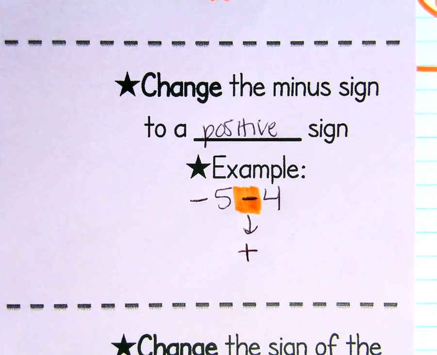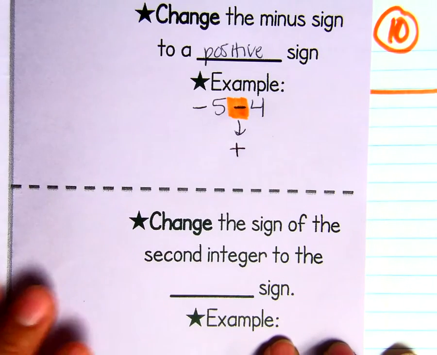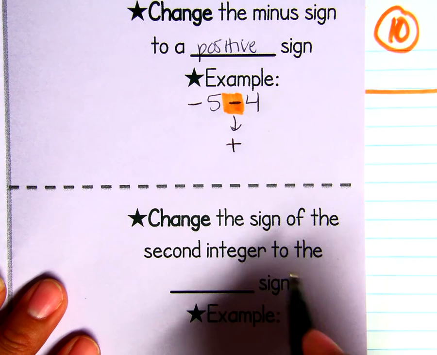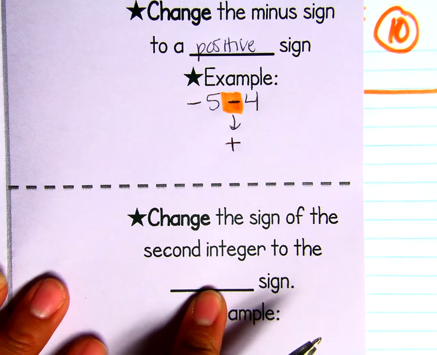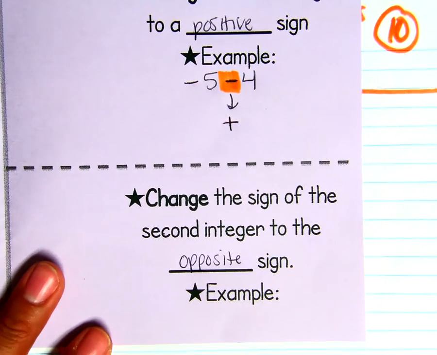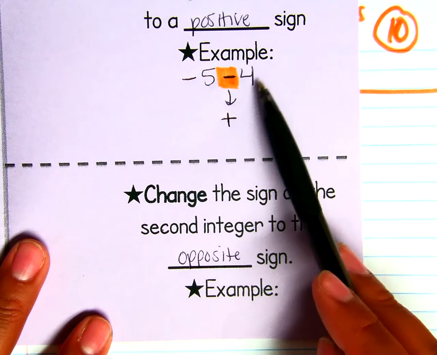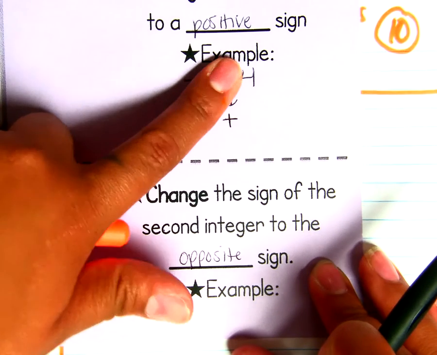Now if you close your foldable back up, what does it say on the bottom section? Change again. It says change the sign of the second integer. Which one's the second integer? That 4. What are we going to change that into? The opposite sign. Because this minus sign is now with a plus, what's the sign for my 4?